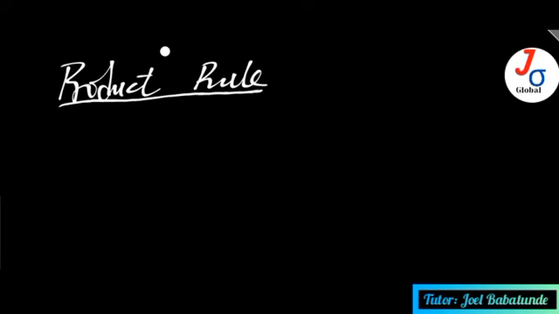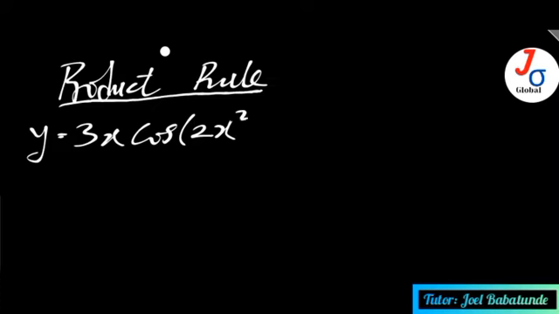All right, so let's look at the product rule using differentiating trig functions. Let's say we have this function y equals 3x cos 2x squared. Now this is a product of two separate functions.